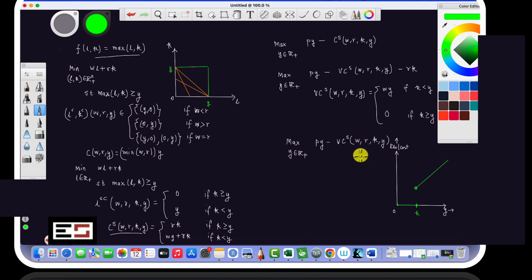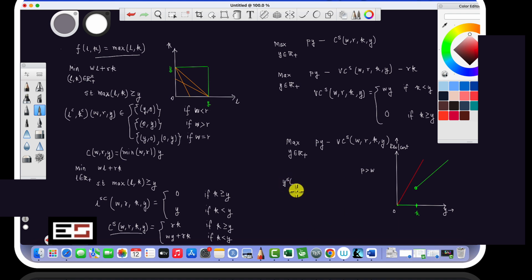Now if you plot the revenue, if p is greater than w, then the revenue function will look like this. In which case, notice that the difference between revenue and cost keeps growing as you keep increasing output. So when p is greater than w, there is no finite solution to the profit maximization problem.